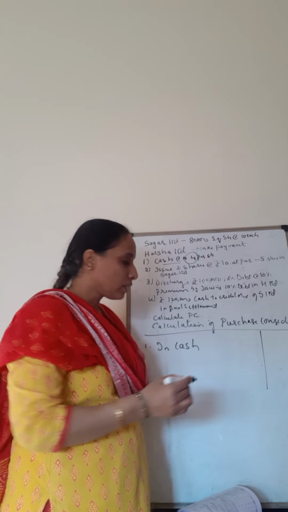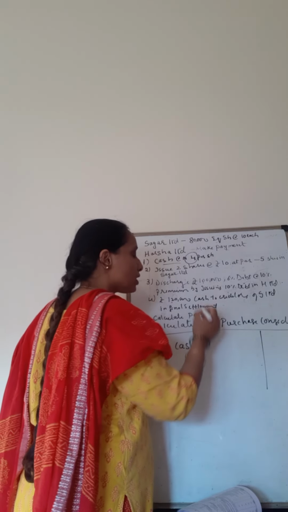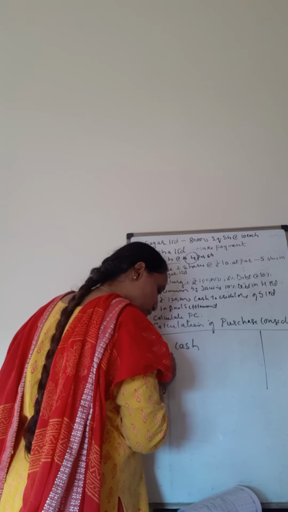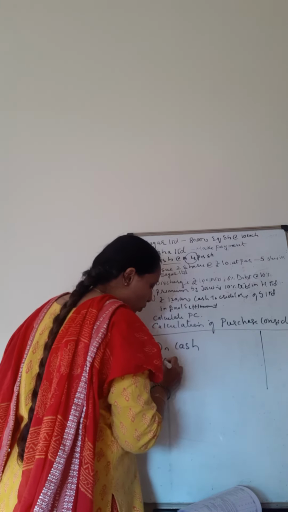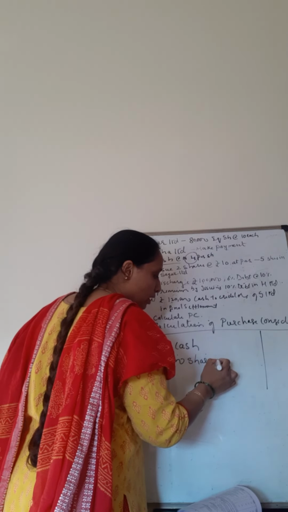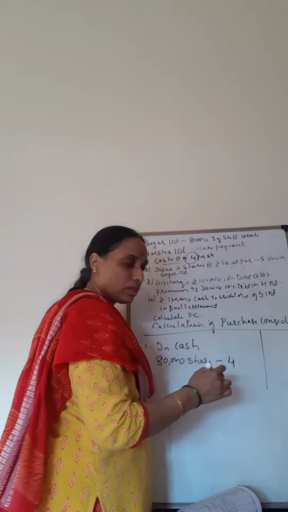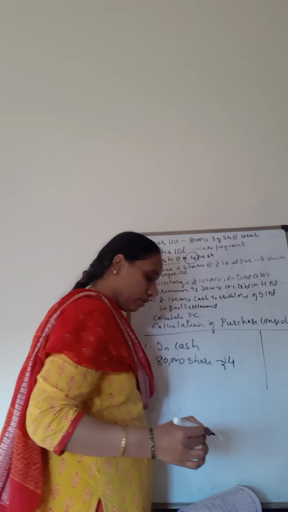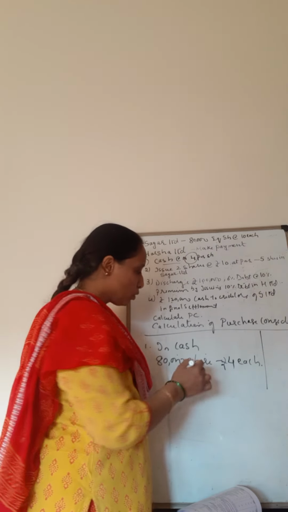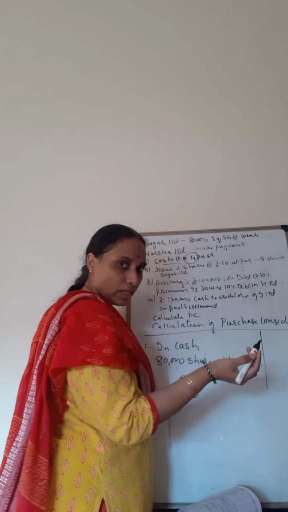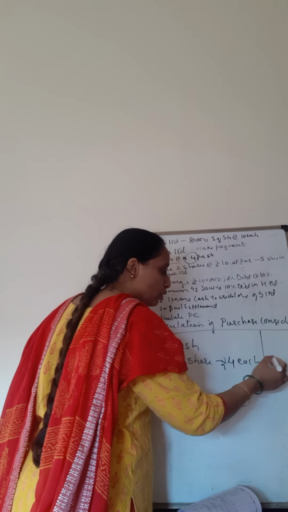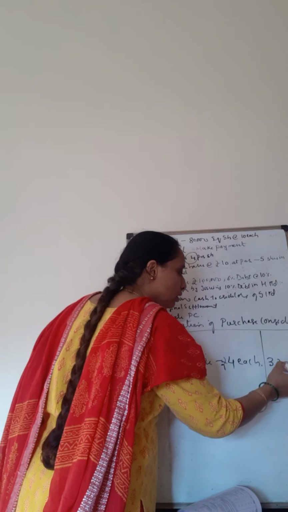How many shares does Sagar company have? There are total 80,000 shares. For one share they are going to pay rupees 4 in the form of cash. So 80,000 into 4 is 3,20,000.